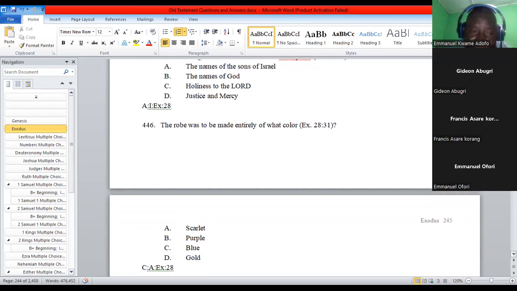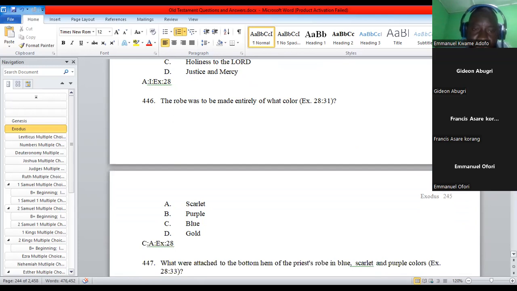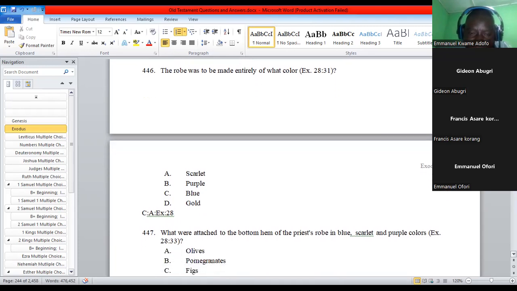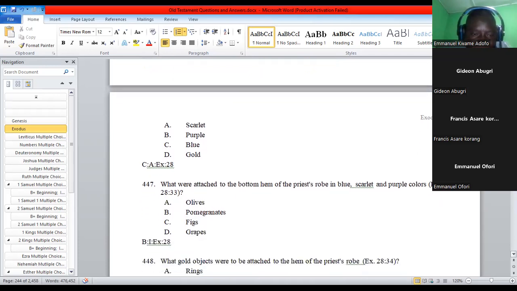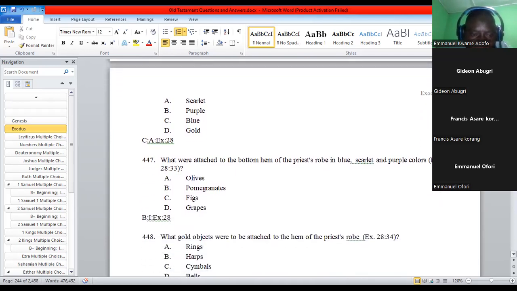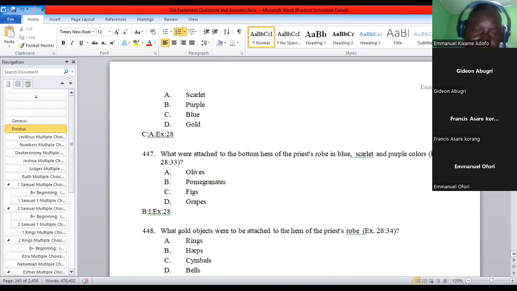Okay. What were attached to the bottom hem of the robe in blue, scarlet, and purple colors? Pomegranates. Okay. What gold objects were to be attached to the hem of the robe?